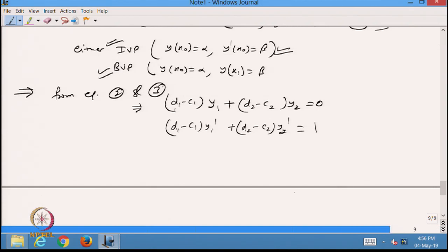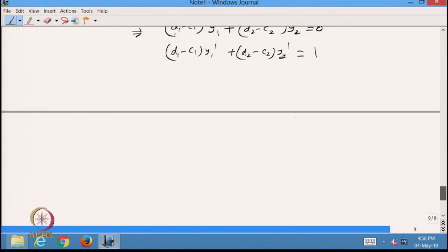So now I have two equations. Now, I know that my y1(x) and y2(x) are linearly independent.